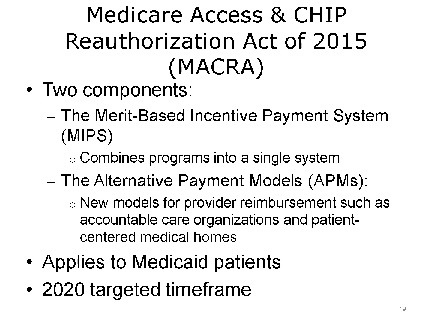MIPS and APM's implementation is through a phased process based on specific timelines that began in 2015 and will continue through 2021 and beyond. The traditional fee-for-service reimbursement model is targeted to be phased out by 2020 for Medicare patients, leaving MIPS and certified APM participants as the new Medicare reimbursement models.